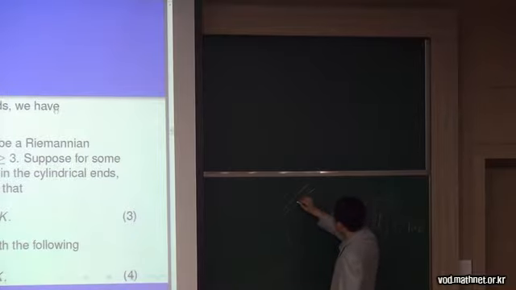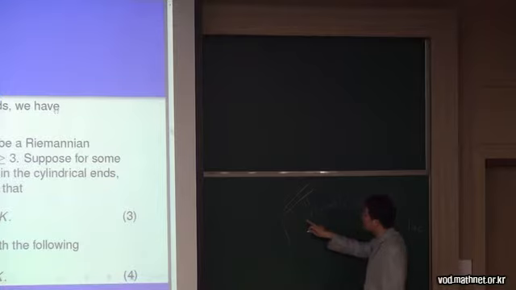I mean, this part is isometric to some B times R, and B is a compact Riemannian manifold of codimension 1.